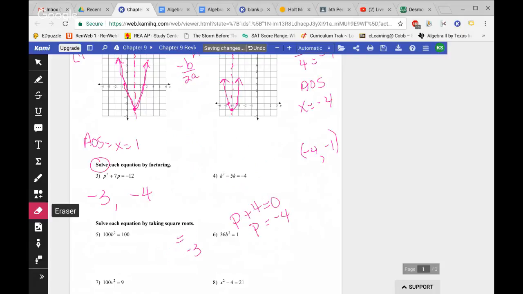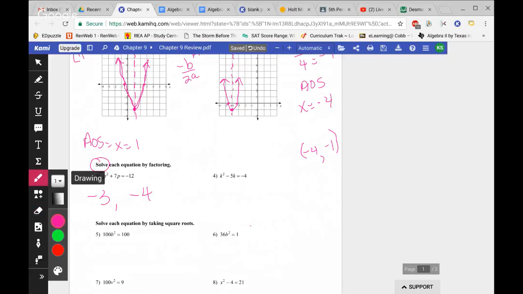For the next one, in order to get it in standard form, you're going to add 4 to both sides. So you end with k squared minus 5k plus 4 equals 0. What two factors, when multiplied together, give you a positive 4, but when you add them, give you a -5? -4 and -1?